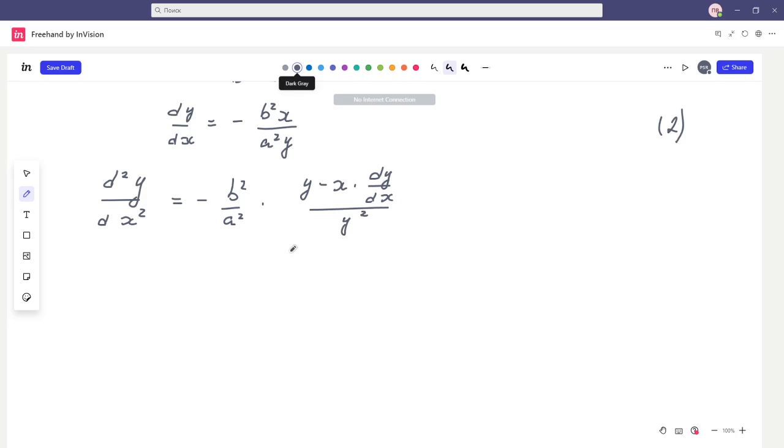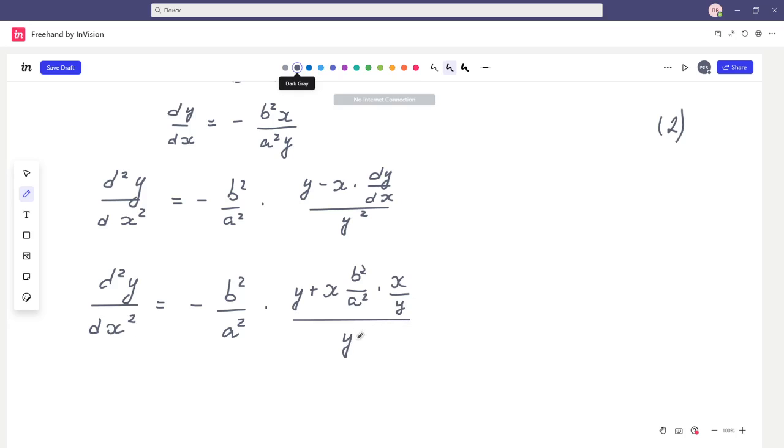Substituting in place of the derivative dy over dx its expression from the formula 2, we get d second y over dx double equals minus b squared over a squared times y plus x times b squared over a squared times x over y squared.